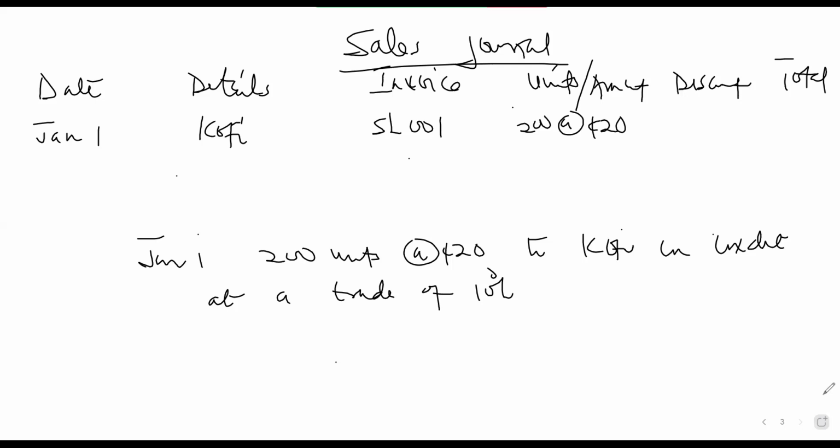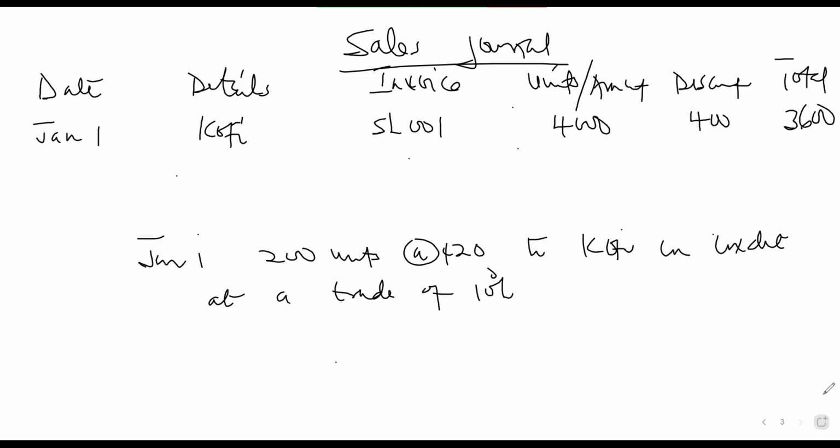Okay, so how much will be the discount? How much will the person be paying? Okay, so 4,000 minus 400, 3,600. Okay, so you can put 4,000 here, then you put a discount of 400 here, isn't it? Then you put the net amount as 3,600. That's how we go about it.